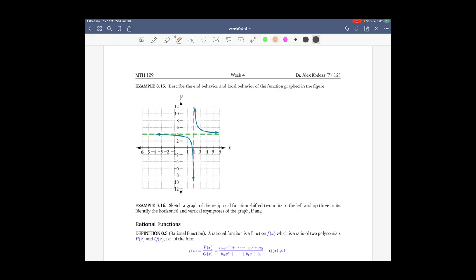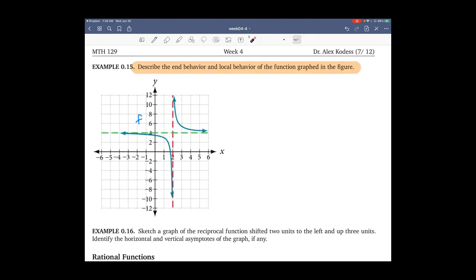This problem is asking us to describe the end behavior and local behavior of the function graphed in the figure. Let's call it f. And it looks like we have a vertical asymptote at the point 2, and we might be very precise here.